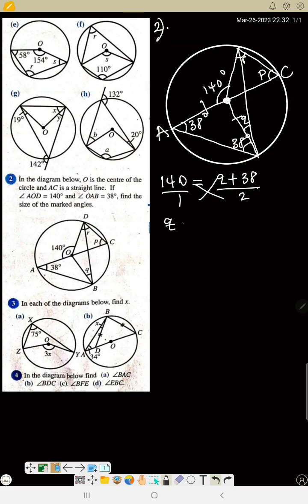So Q plus 38 is equal to 280. That is 140 times 2, 280. So Q is equal to 280 minus 38. So Q is equal to, so that is 242.